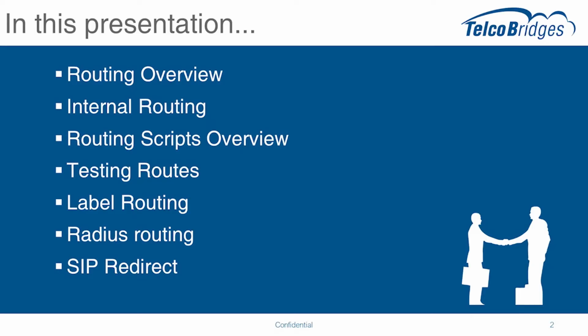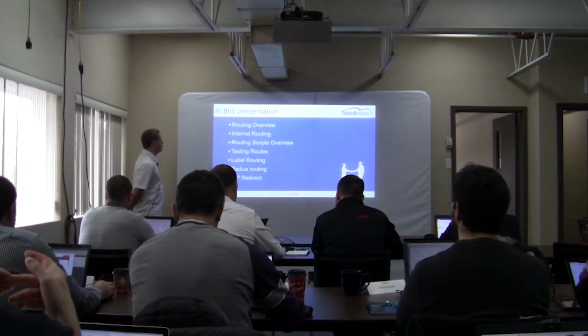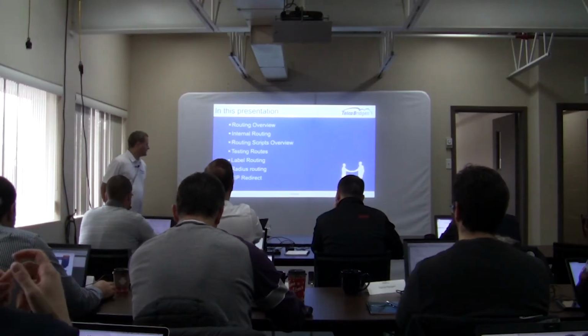So I will present what we have now, just a routing overview of what you can do with the system. We have some internal routing, then you can add routing scripts to this internal routing. We have some examples, like label routing scripts that you can use. These are off-the-shelf scripts. Then you can have tools to test these routes.